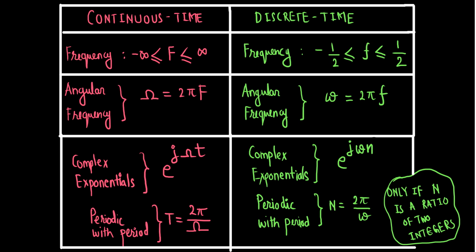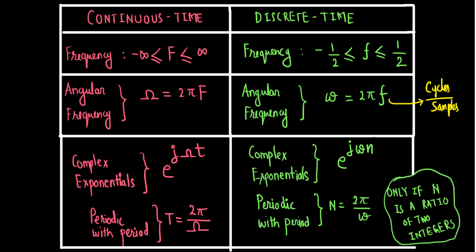We have already seen that small f is in cycles per sample. For the discrete time exponentials to be periodic, small f must be a ratio of two integers. Only then are the discrete time complex exponentials going to be periodic in nature.